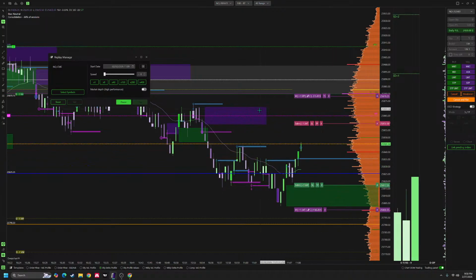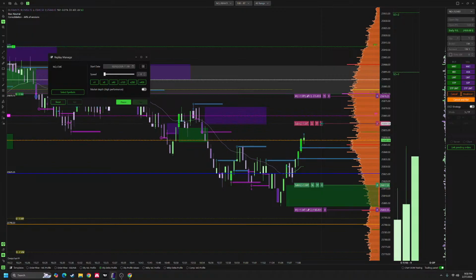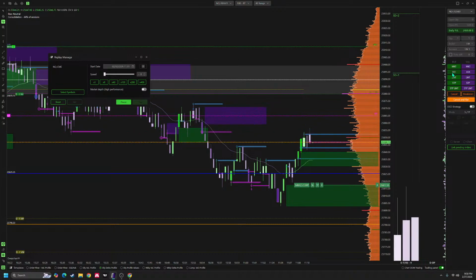No, that zone is no longer good. Zone's no longer good. So it flipped. Looks like it flipped.